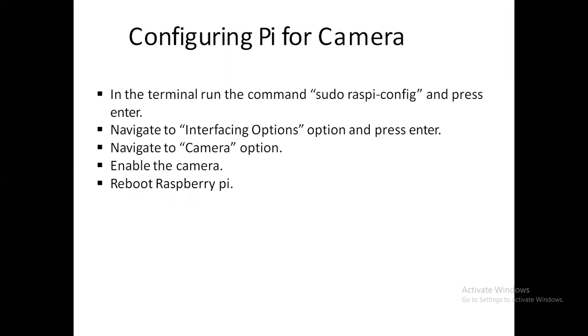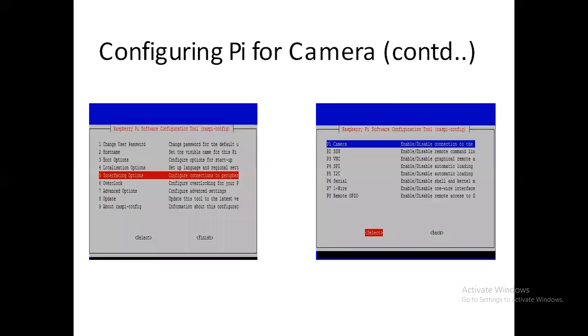After selecting that, you enable the camera and then reboot the Raspberry Pi. See, this is how you are going to make it.